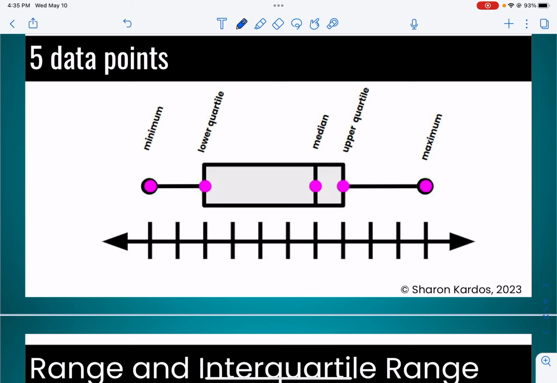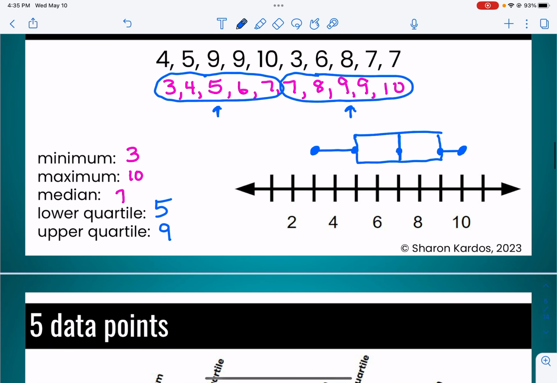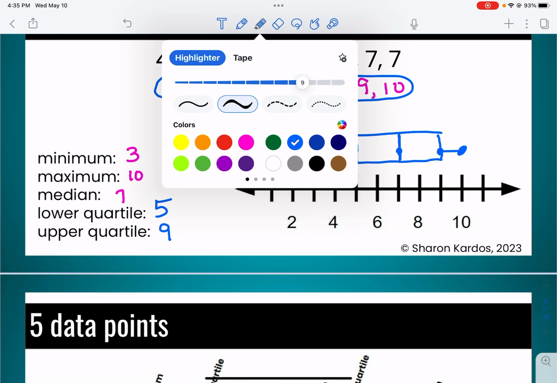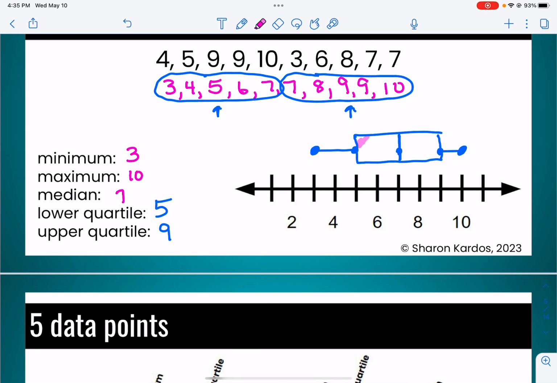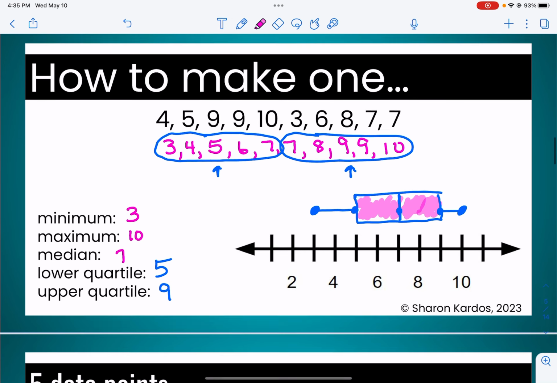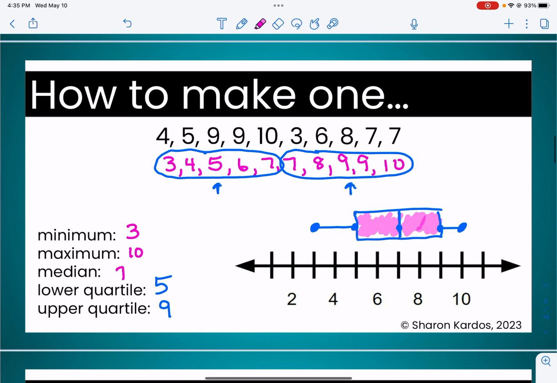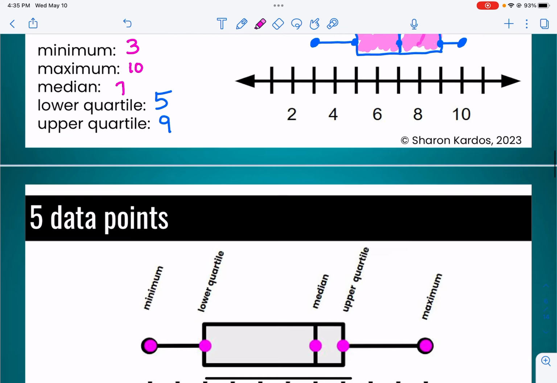So sometimes it is important to just look at the middle of my data. So the interquartile range is actually how long the box is on my box and whisker plot. So in this instance, the IQR we said was 4, and we can see that my box is 4 units long. So that's why it is important sometimes, because sometimes you'll have a number that is a lot larger or a lot smaller than the rest of your data. So you might just want to look at the middle of your data.